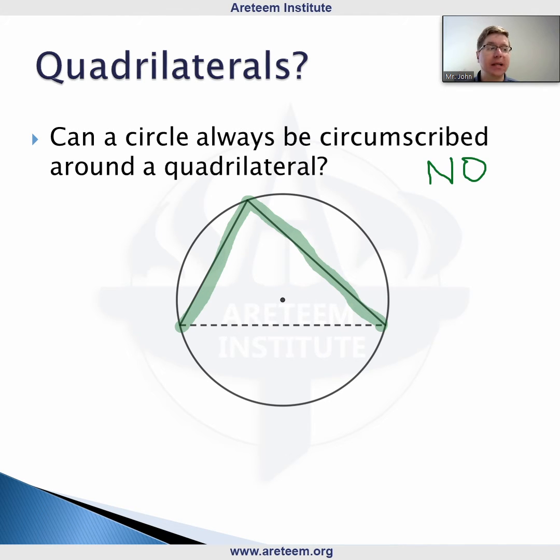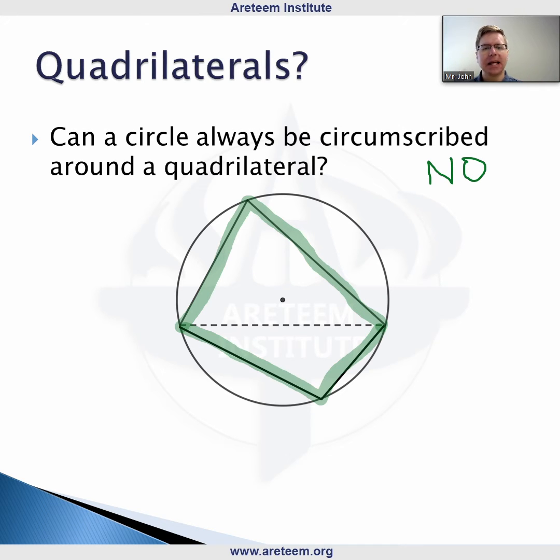Just to be clear here, there are scenarios where it is possible. Of course, if we connect these two other sides to a point on the circle, we now have a quadrilateral drawn inside a circle, and this circle is now circumscribed around this quadrilateral.